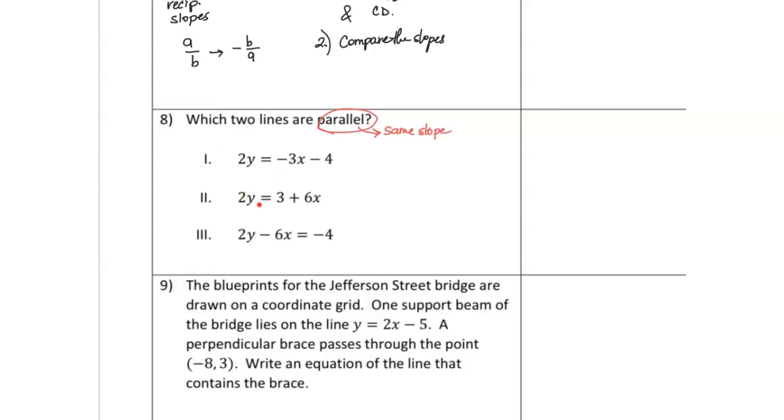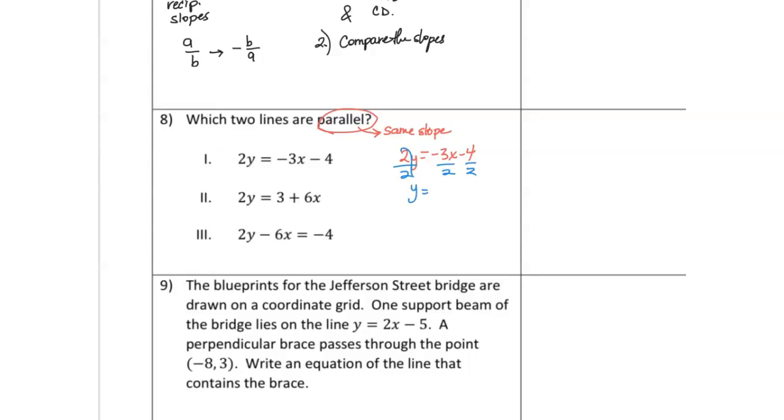If you're looking at your 3 equations here, none of them are in slope-intercept form. So we can't immediately identify which of these has the exact same slope. So the very first thing you need to do is take each equation and solve it for y. For instance, if we take the first one, 2y equals negative 3x minus 4. Solving it for y would mean that we are dividing by 2 on both sides.